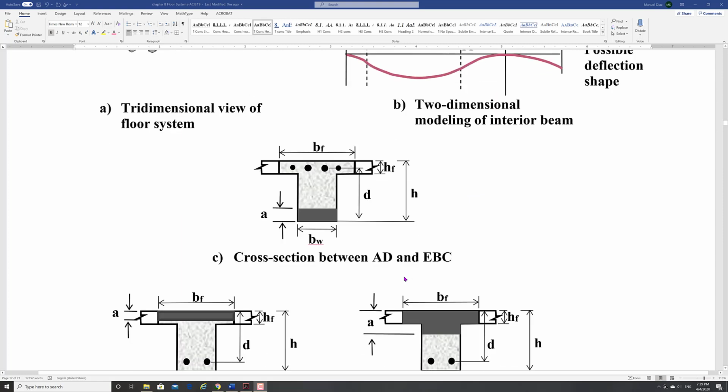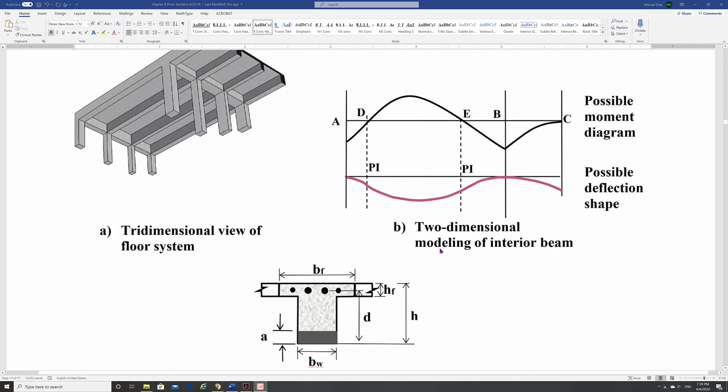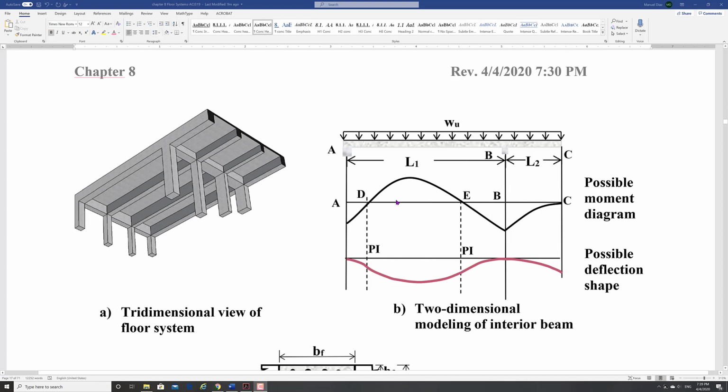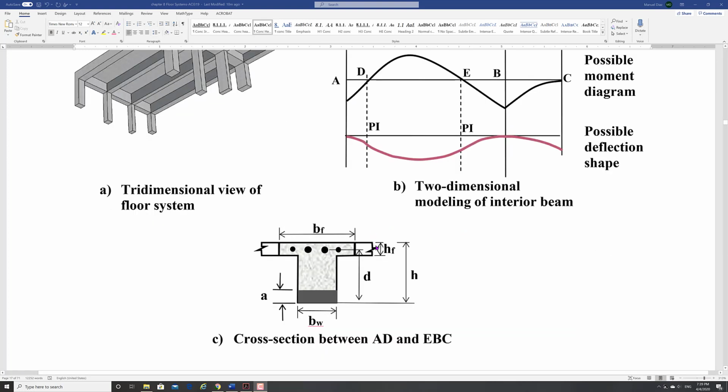So one case then is AD and EBC, which is where you have your negative moment. So this portion right here and that one: negative reinforcement. That is the case where you're going to put your tension bars on the top. And in this case, the code allows you to spread the bars along b_f.